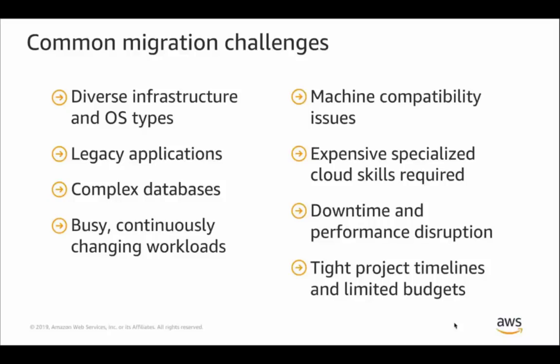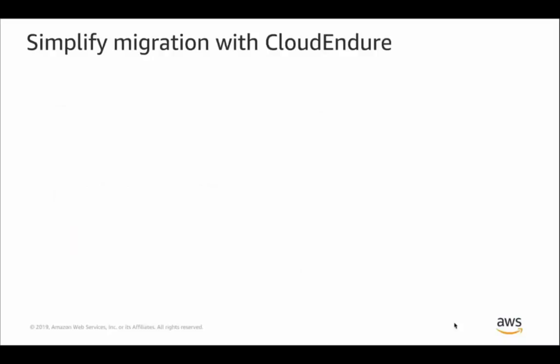So how does CloudEndure help? First of all, CloudEndure offers you the flexibility to migrate from any source to the AWS cloud. Any source could be another cloud, or it could be your on-prem data center. CloudEndure offers block-level replication support, which means we offer support for a wide range of operating systems, applications, as well as databases, as long as the replication occurs at a block level.